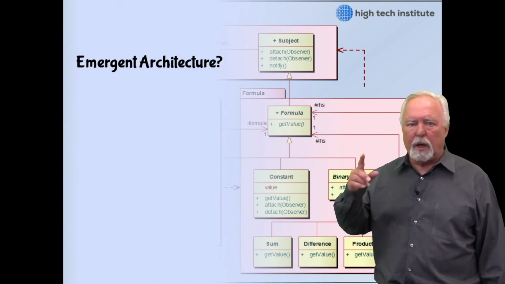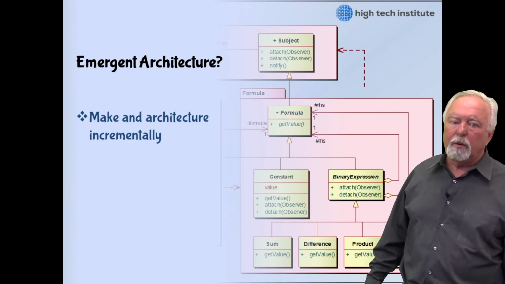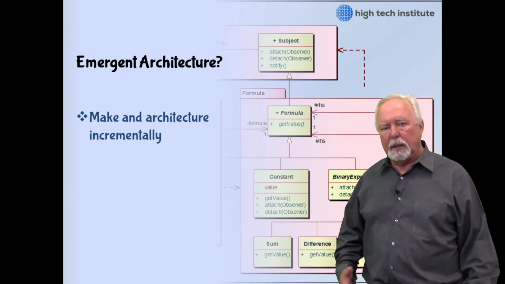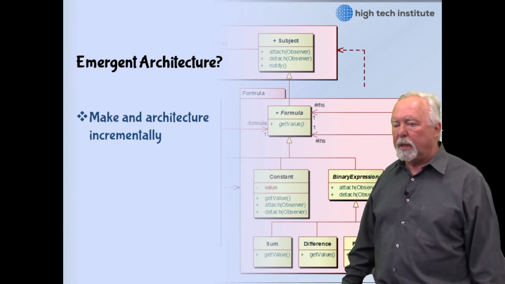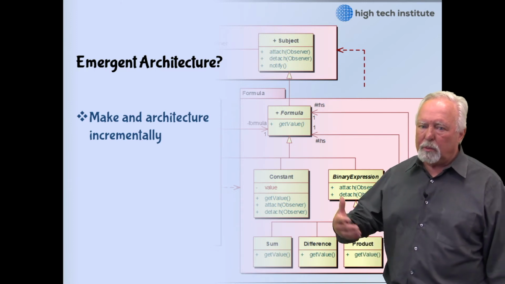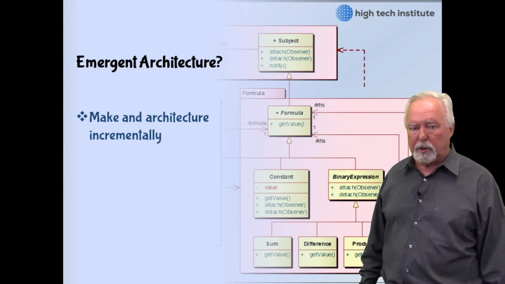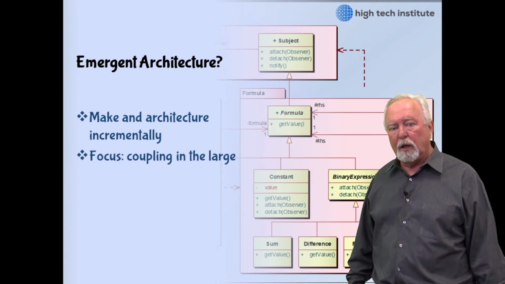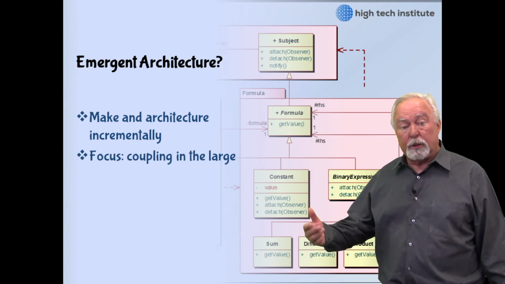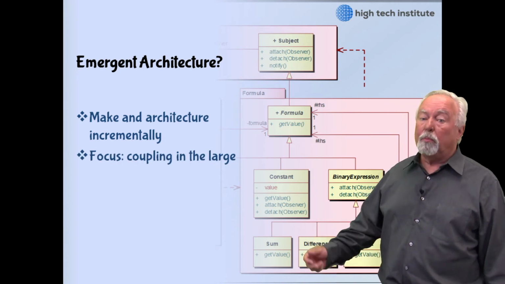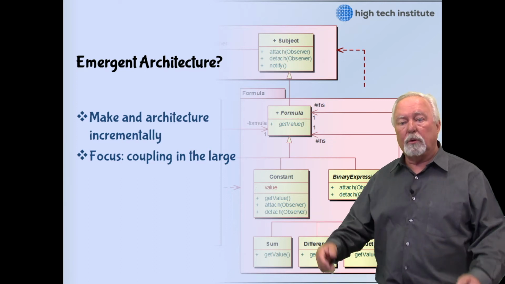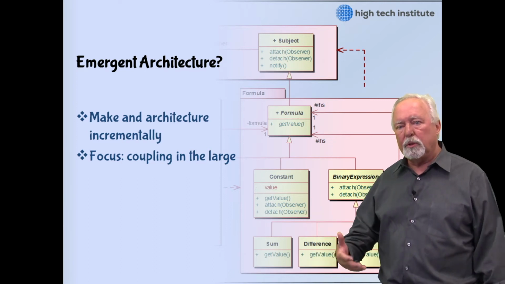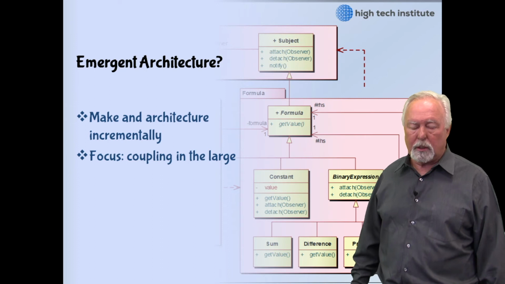Now, emergent architecture, where does that come from? That comes from the idea that you make an architecture incrementally, so you can slowly build towards an architecture that you envisage. In architecture, of course, the focus is more on coupling in the large. So you look at larger components and how they interact and couple.